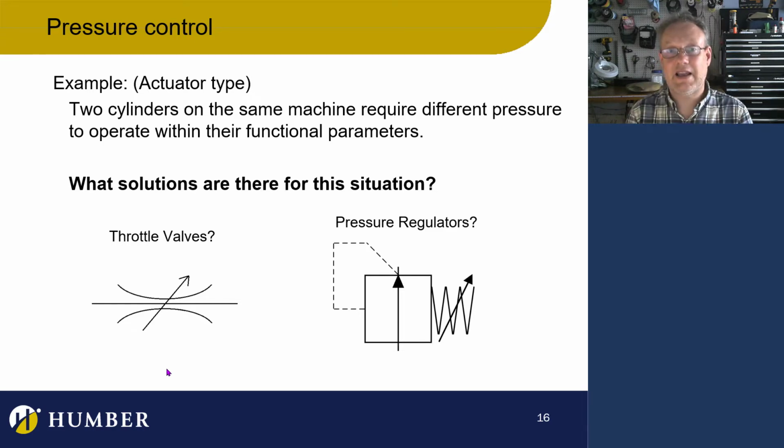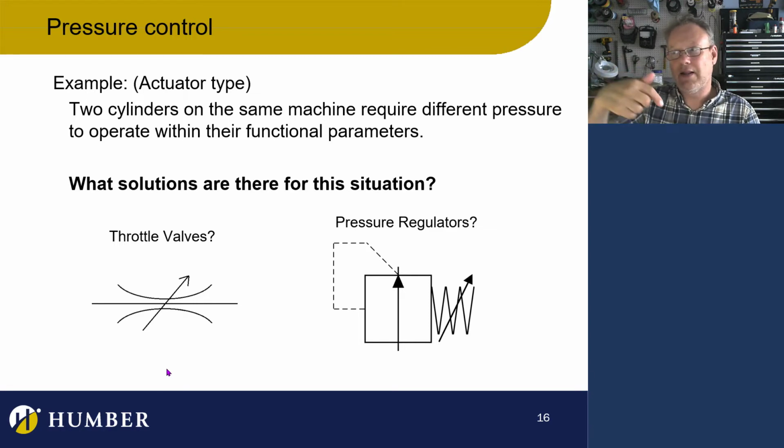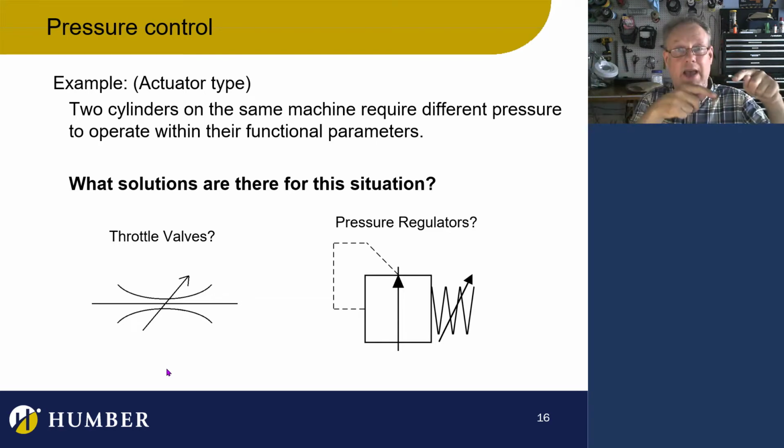I can't think of an application where we're controlling pressure, although there's a pressure drop when we use them. It's kind of like a tap, like the tap on your water tap or your garden hose. You're actually controlling the flow rate, but you're not actually controlling the pressure. If you've got your garden hose sprayer and you let go of it and stop spraying, even if the valve is only turned on a little bit, the pressure in that hose will build up to whatever the system pressure is.